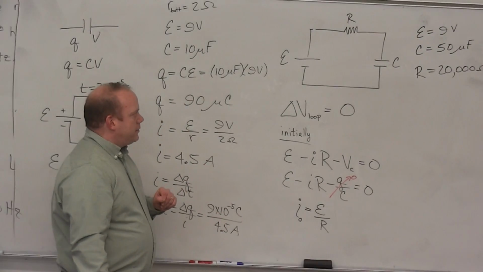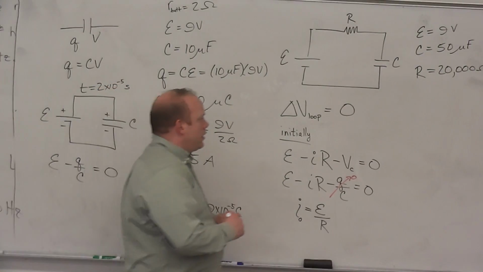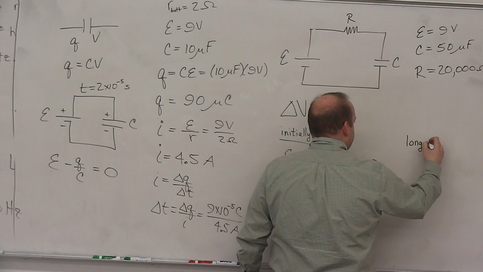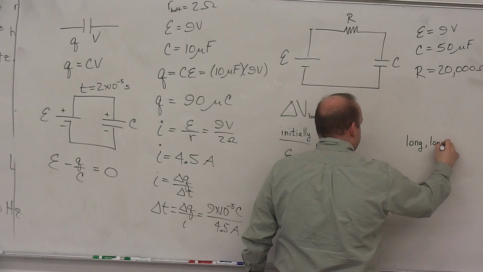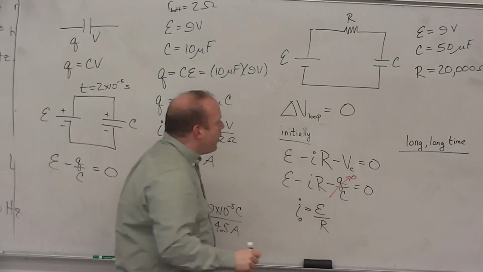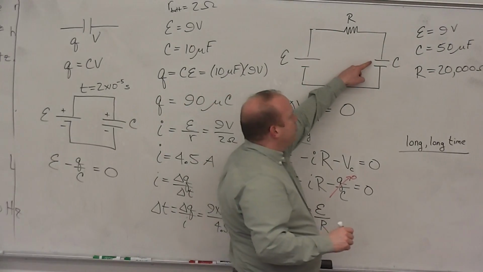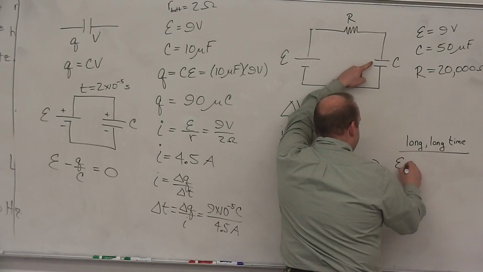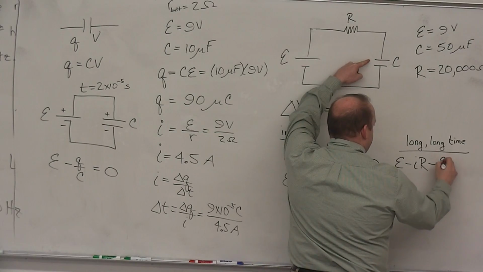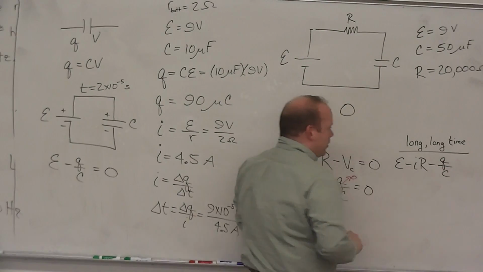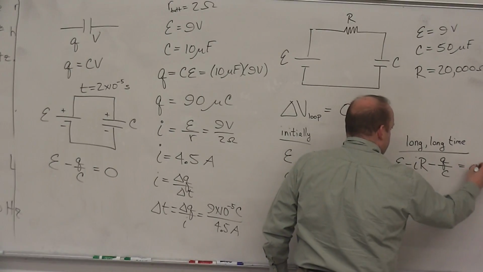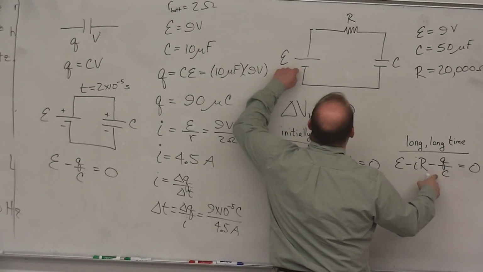Now, at the end, we'll say long, long time. So after a long, long time, this will charge up. We'll have E minus IR minus Q over C. But now this will equal whatever the charge is here.